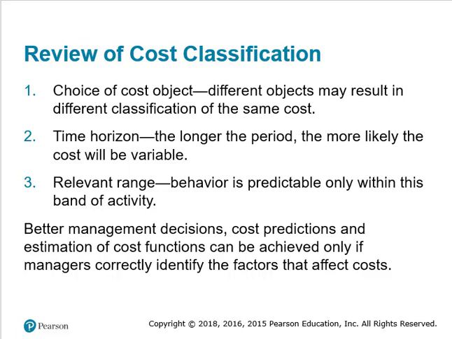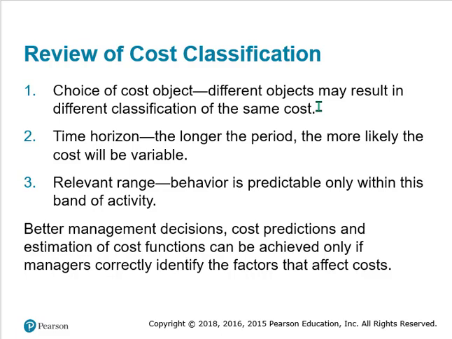Now, before a discussion of issues relating to estimating cost functions, it's important to review the 3 criteria we learned about in Chapter 2 used to classify a cost as fixed or variable. And the criteria are, first of all, the choice of the cost object, that different objects may result in different classifications of the same cost, and the time horizon.